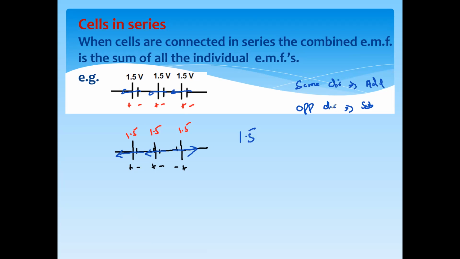So 1.5 plus 1.5, and the other one is in the opposite direction, so it will be minus 1.5. So what will be the combined EMF?